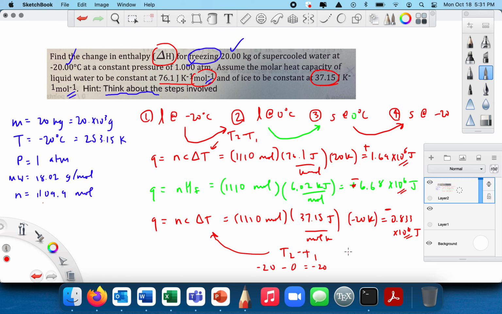So it looks like it's going to be 1.69 minus 6.68 minus 0.833, all times 10 to the 6 joules.